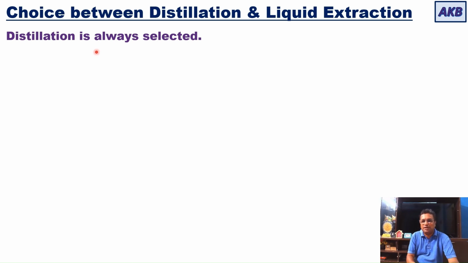If you have applications where either distillation or liquid extraction can be used, the popular choice is distillation. Distillation is always selected where both can be used. Why? And this is true. That means distillation is selected even though it requires heating and cooling.